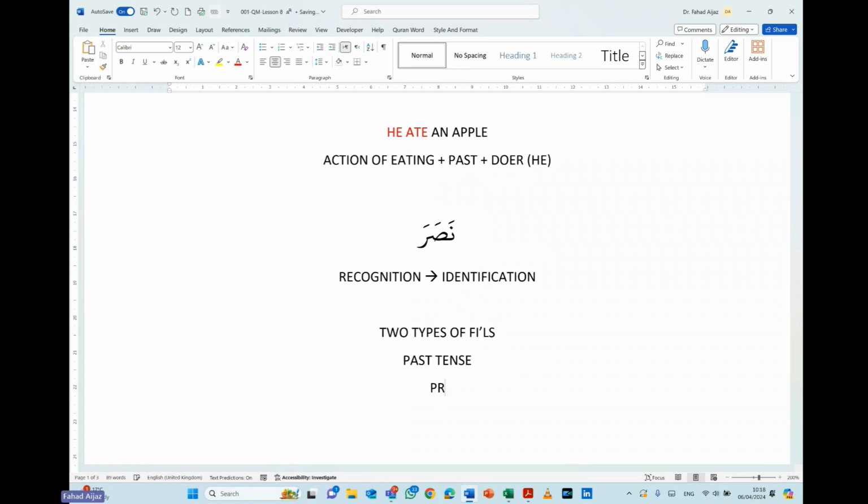Then you have the present tense fail. Now, in English, you also have a future tense, right? So you have past, present, and the future. But in Arabic, you have just two. Okay? So the one used for present tense is also used for the future tense. Okay, so it just divides into two categories: the past and the present slash future tense fails.